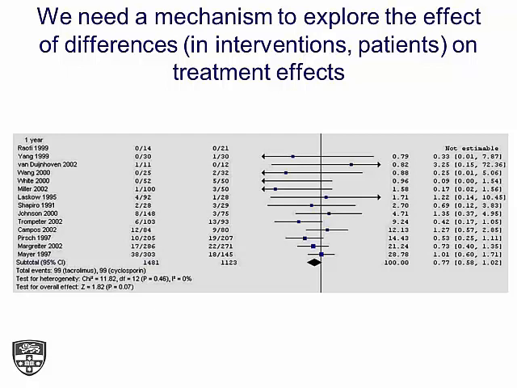In this case, we're looking at another transplant drug, tacrolimus, versus cyclosporin. Here we're looking at the outcome of acute rejection and graft loss. You can see that overall it appears that tacrolimus compared to cyclosporin reduces the risk of graft loss.